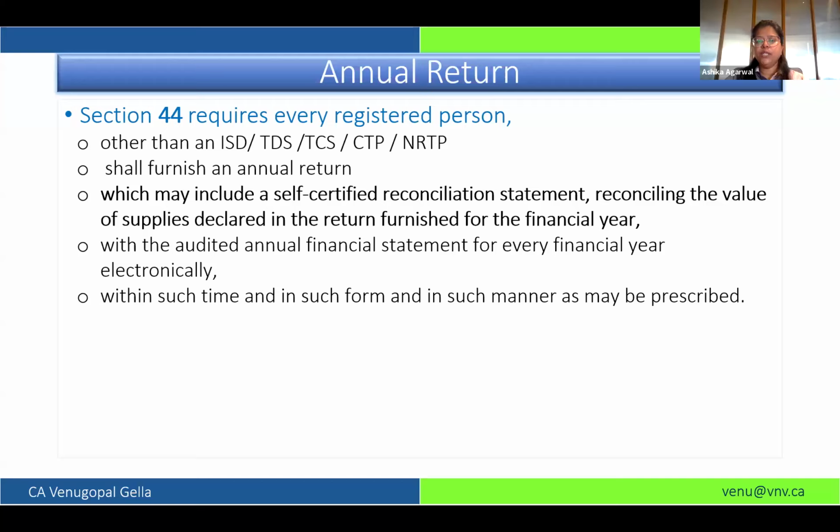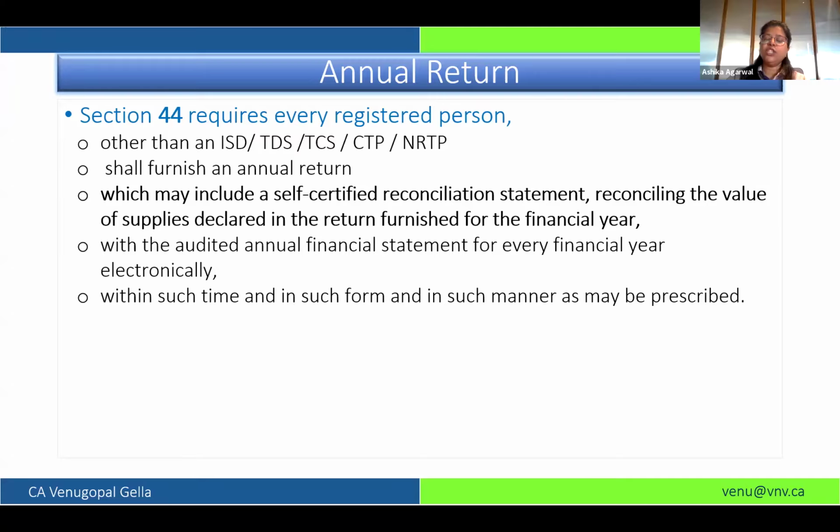If you read the provision, they have given an exclusion for ISD, TDS, TCS, CTP, means casual taxable person, and NRTP, non-resident taxable person. So only these persons are excluded from filing the annual return. Apart from these persons, all other persons are required to file the annual return.